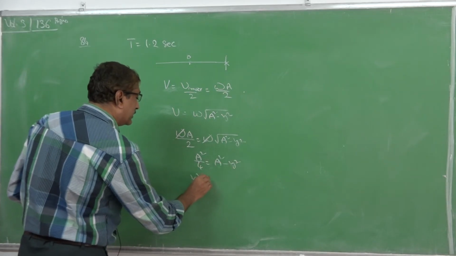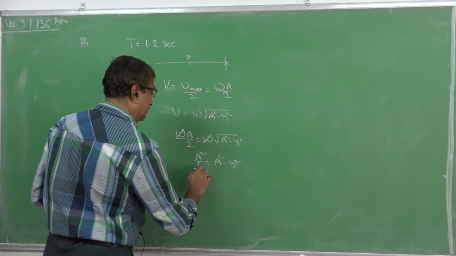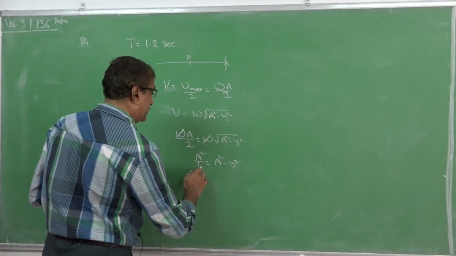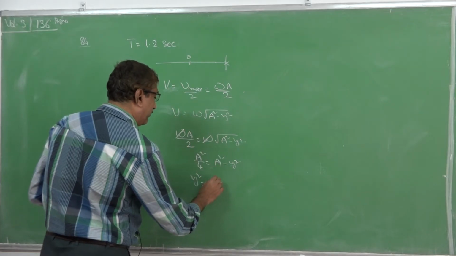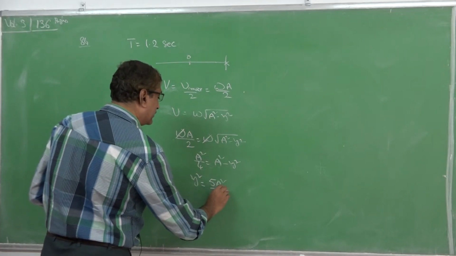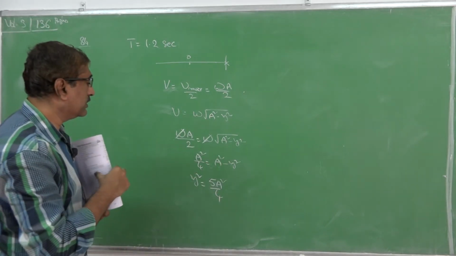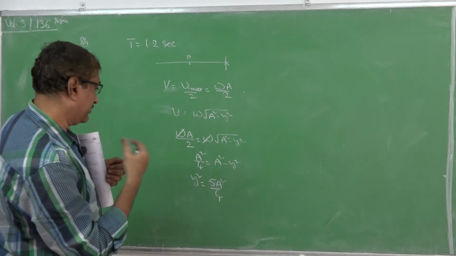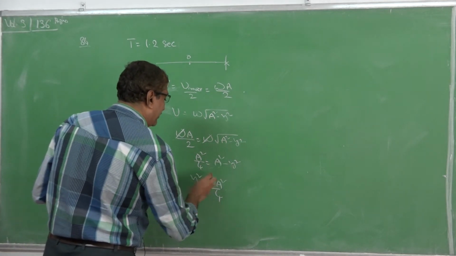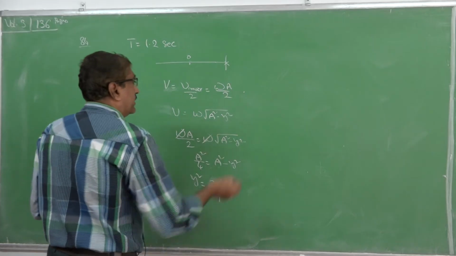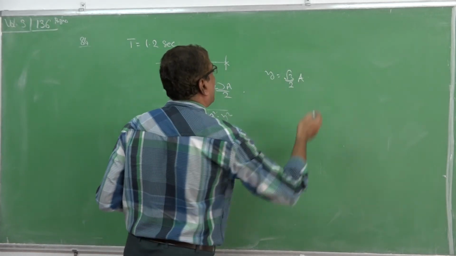So y square is equal to 3A square by 4. That is, displacement is square root of 3 by 2 of A.